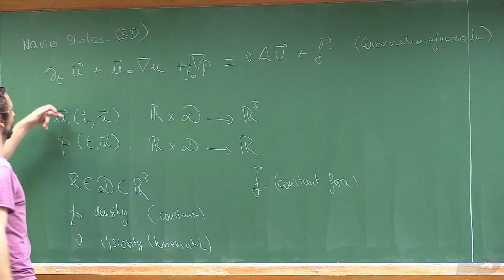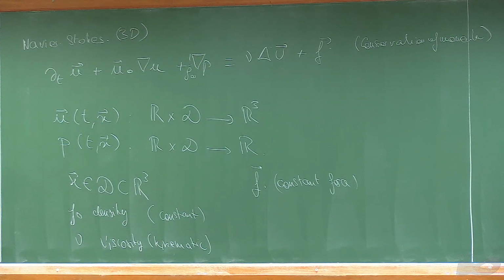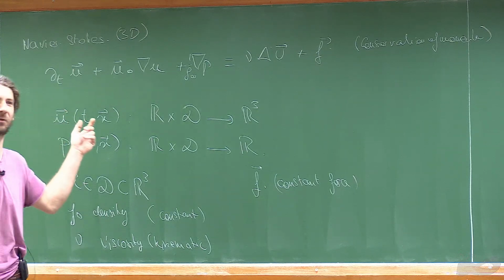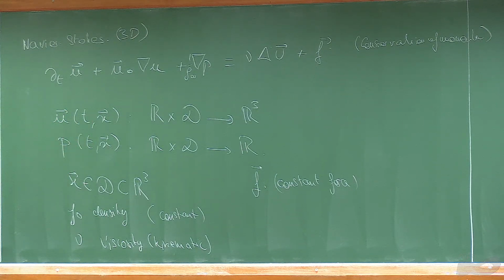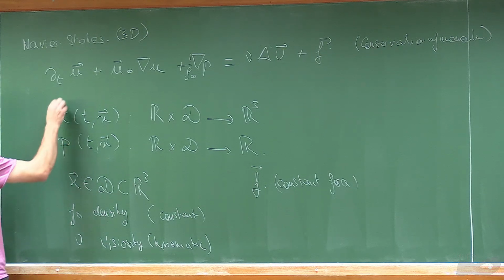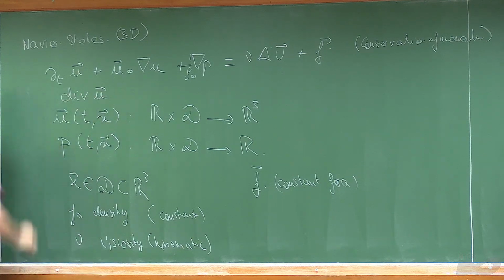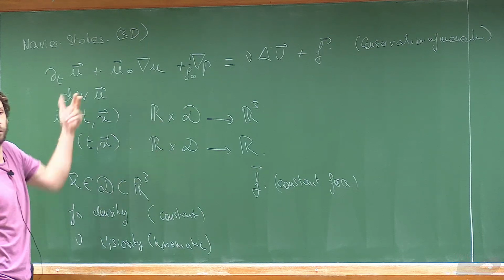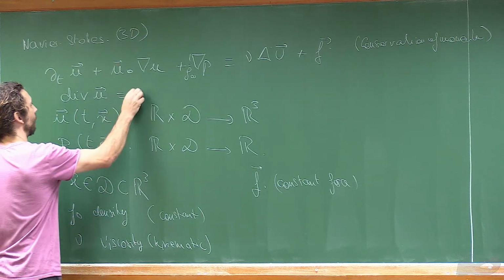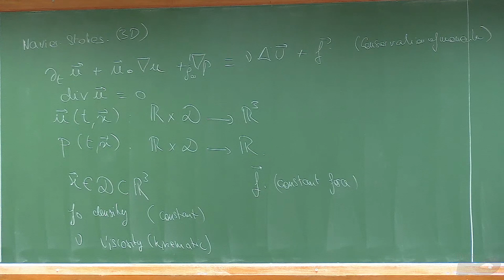So we have two unknowns that we want to solve for, but we have only one equation, so there is one which is missing. And the one which is missing is known as the continuity equation. It will just be a condition on U, which tells that we are only interested in those velocity fields which are divergence free. And this will be the continuity equation.